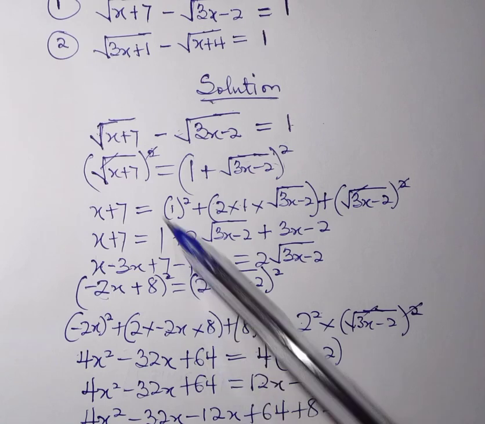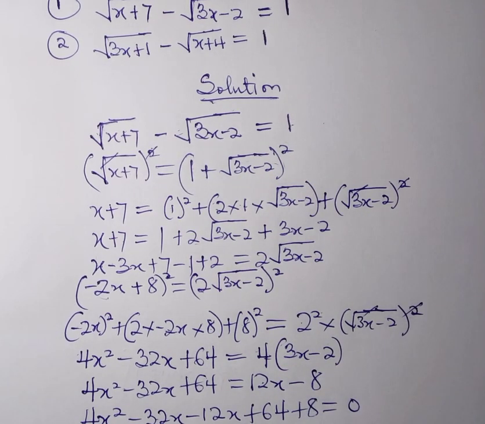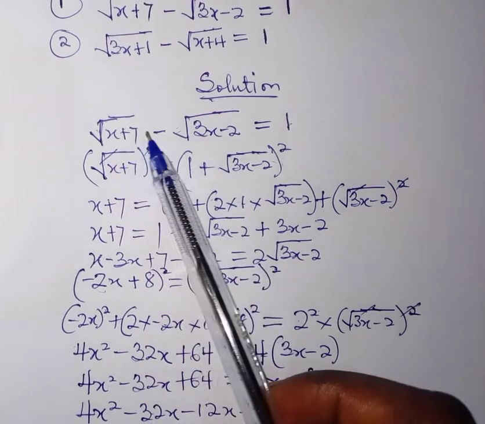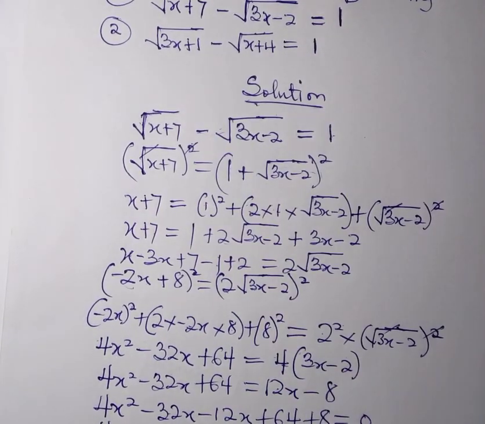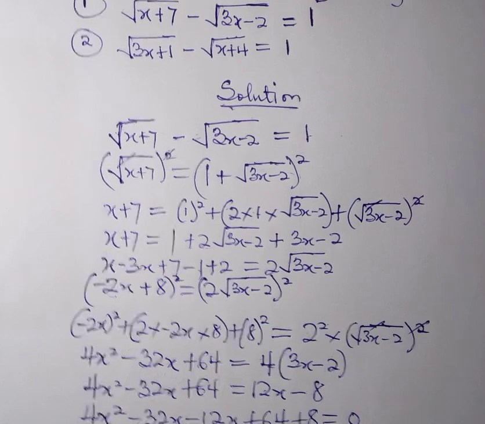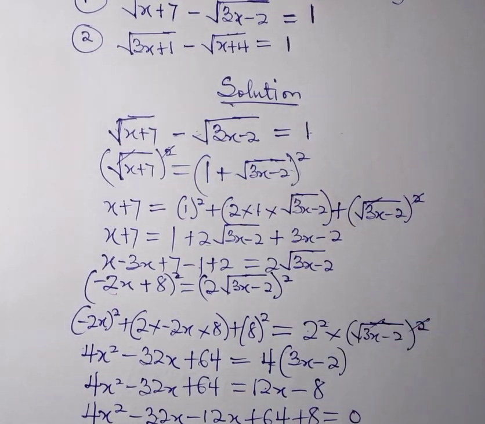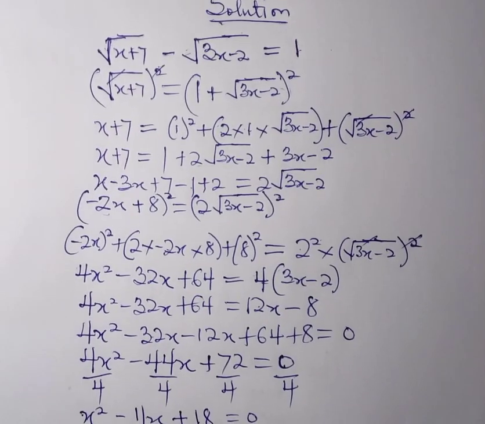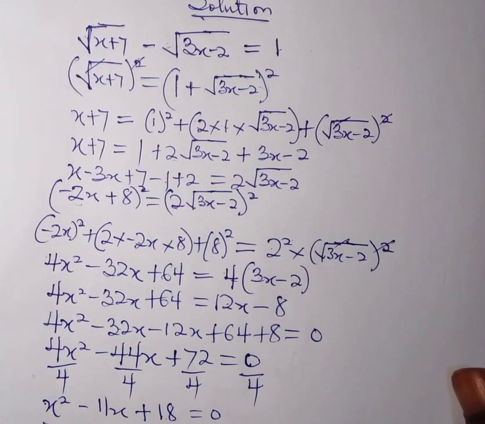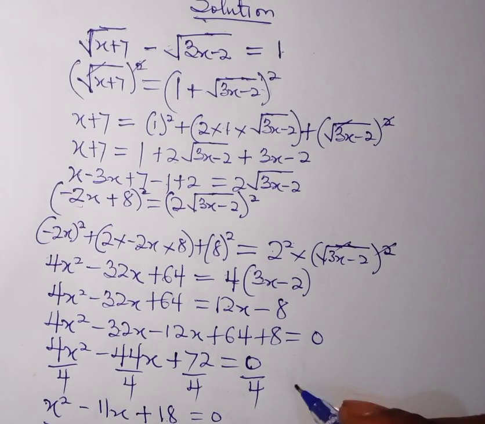The one that satisfies becomes your solution. If 9 satisfies this, then 9 is our solution. If 2 satisfies this, then 2 is our solution. If both of them satisfy, then the two of them are our solutions. Have you gotten that?